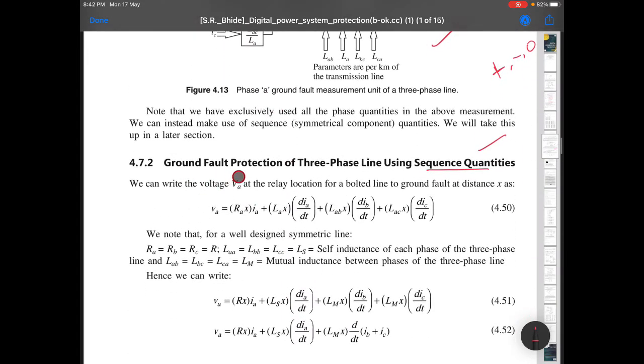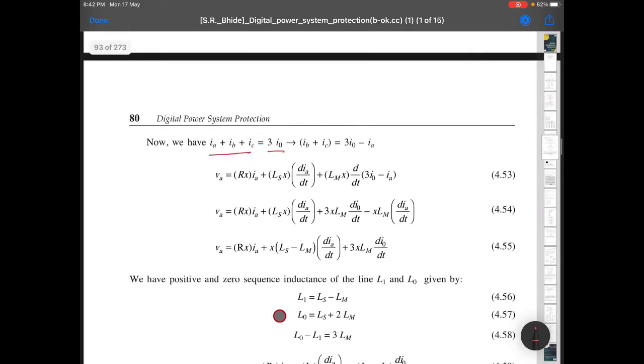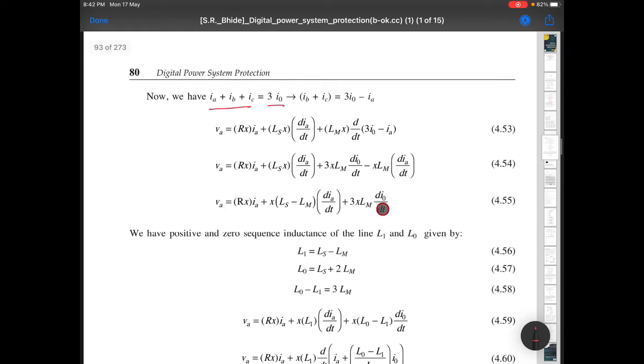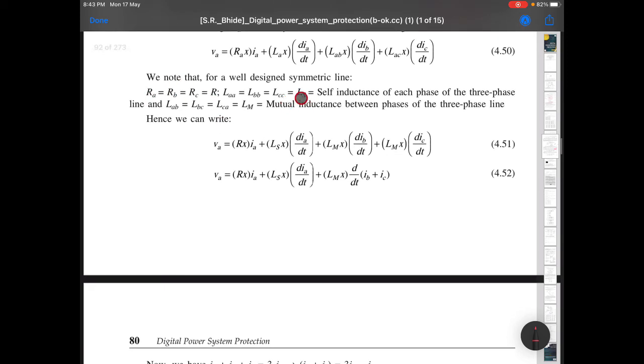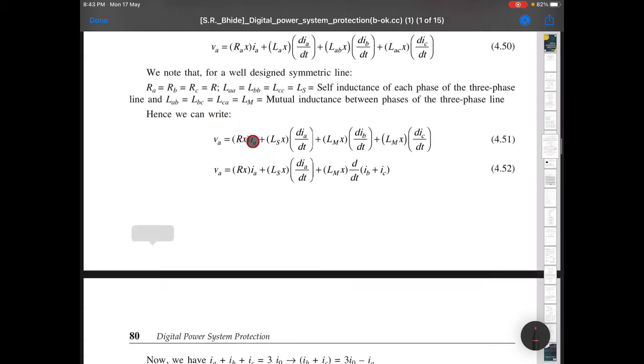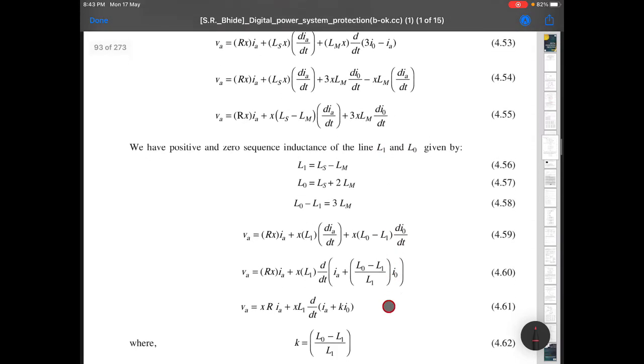In ground fault protection using sequence quantities, we tried to derive an equation where we had a substitution of self and mutual. Self is LAA, LBB and LCC, mutual is AB, BC and CA. Wherever self and mutual were there, we tried to substitute them with the positive and negative sequence.